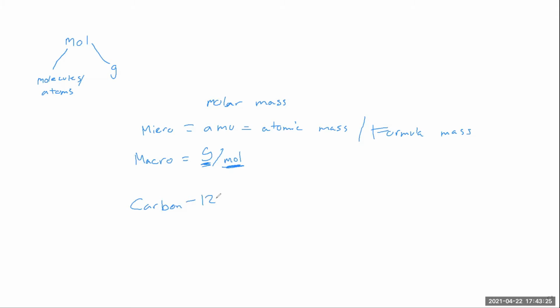It's 12. But if we're looking on the macro scale, like Dr. Annie told us, if we want 1 mole of carbon, we are going to need 12 grams of it. So the molar mass of carbon 12 is 12 grams per mole.